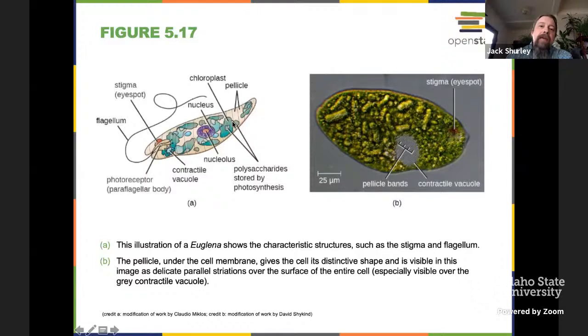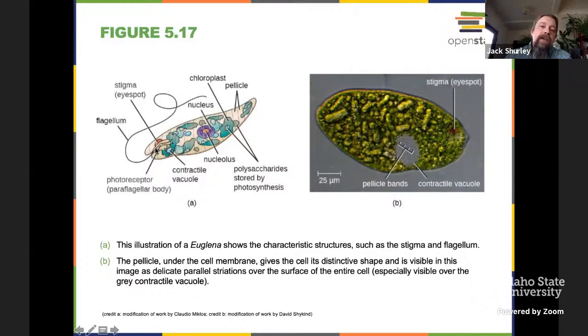So these guys have the pellicle that allows them to basically have a sort of internal scaffolding, like a cytoskeleton that confers some of their shape. Again, with the euglena full of some chloroplasts, the ones we're going to think about here in a second, not.